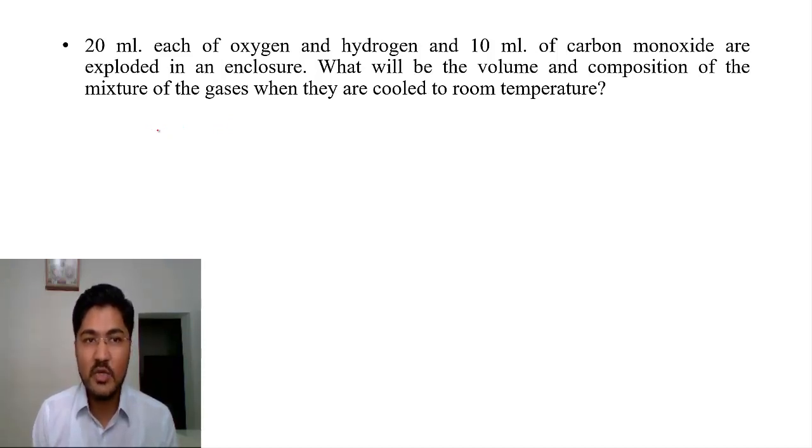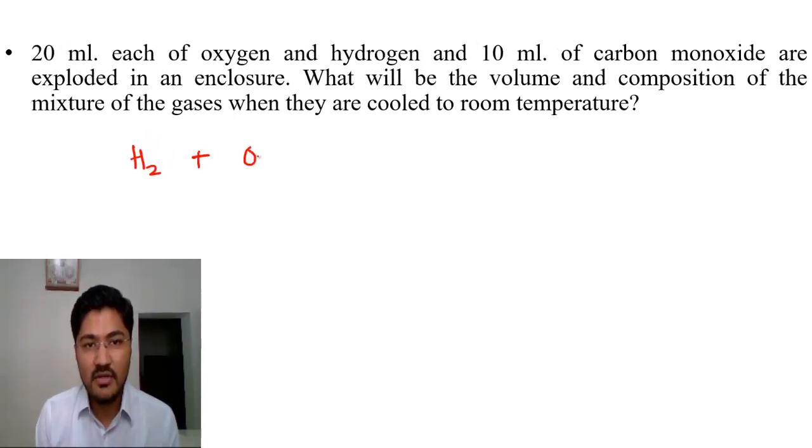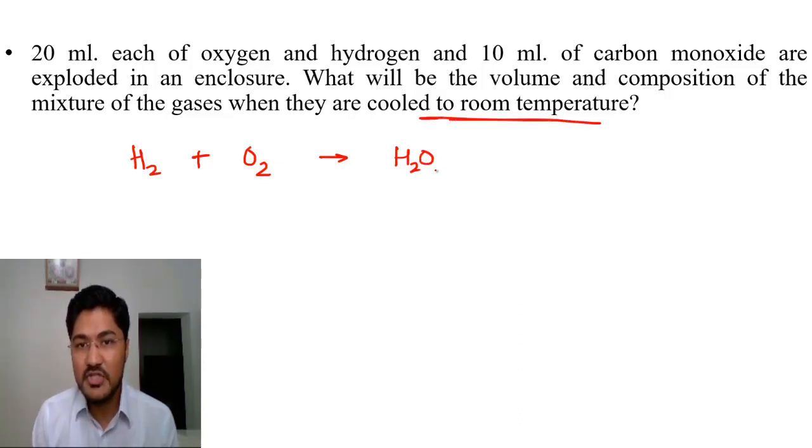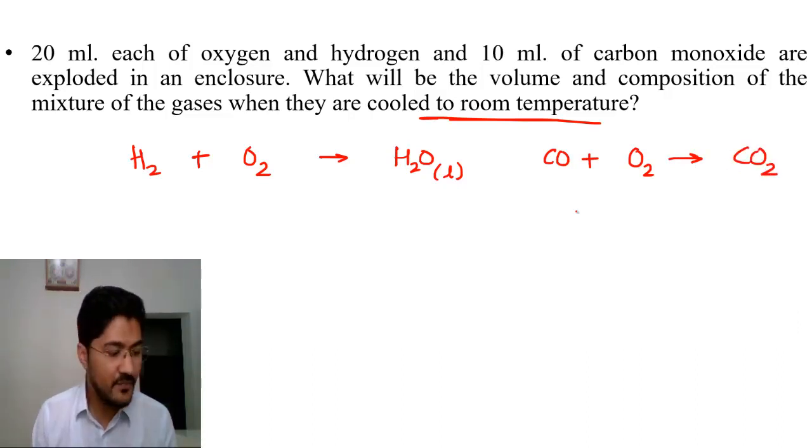Basically, the explosion will be of hydrogen which will react with oxygen to form H2O, and since it is cooled to room temperature, this will be liquid. The other reaction would be carbon monoxide plus oxygen giving carbon dioxide. Now let's try and balance this.